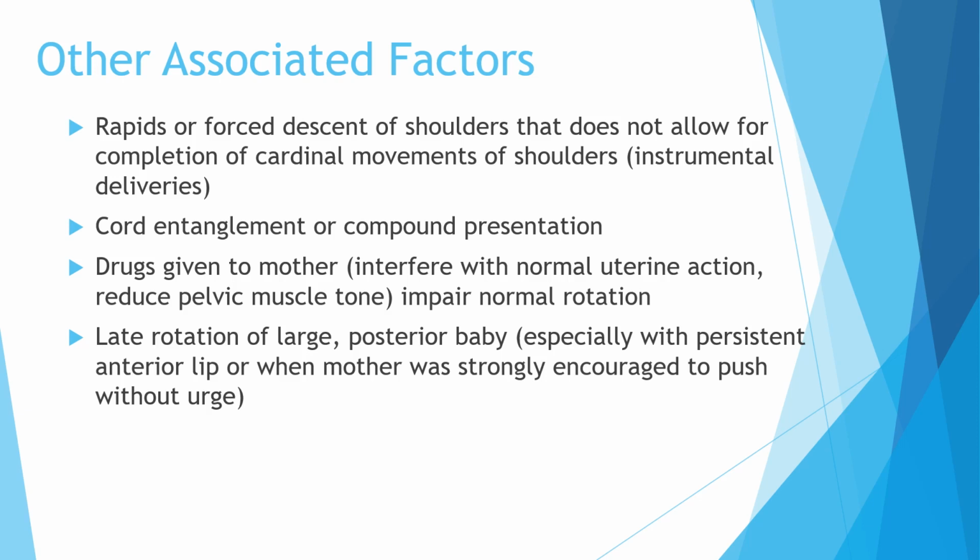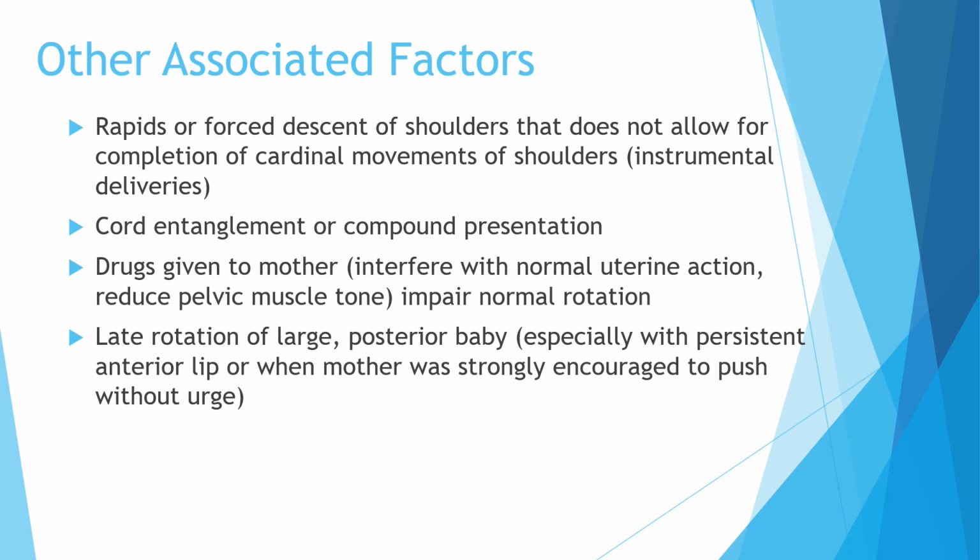Drugs that affect the uterus can impair normal rotation. Terbutaline is a medication given in the hospital to relax the uterus if there are a lot of contractions at once. Sometimes even Pitocin is given and the receptor sites get tired from the Pitocin, so they don't work as well.